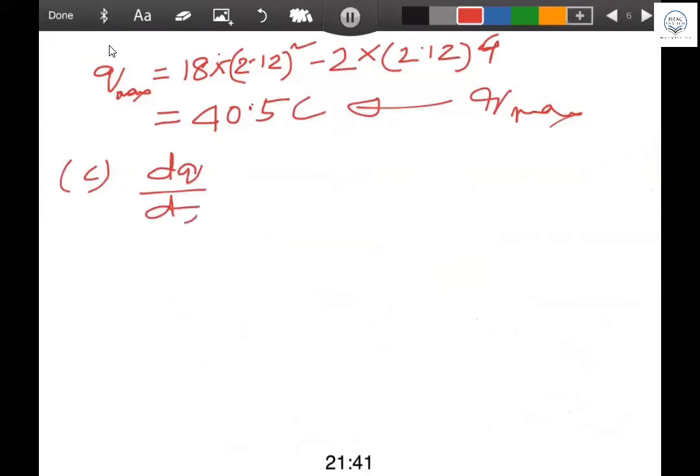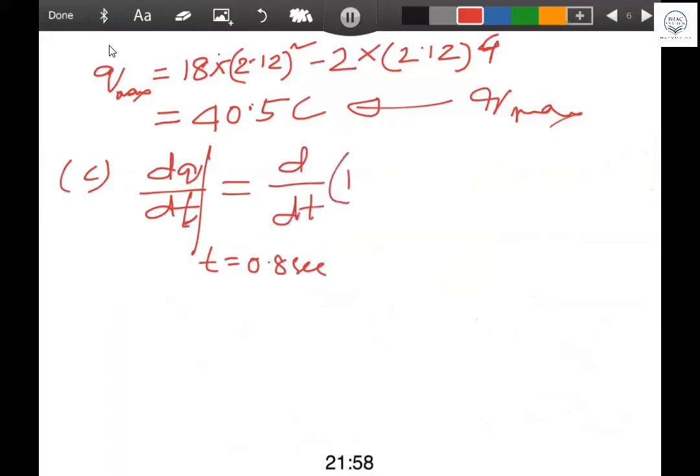You have to find it for t equal to 0.8 second. Q is 18t square minus 2t to the power 4, and dq by dt gives you the rate of charge.